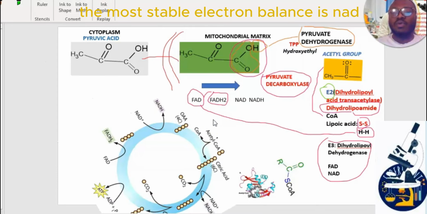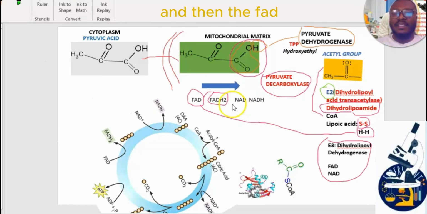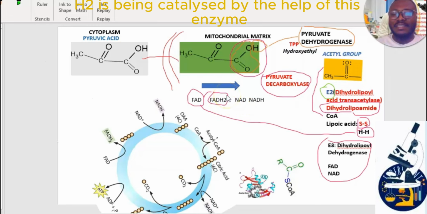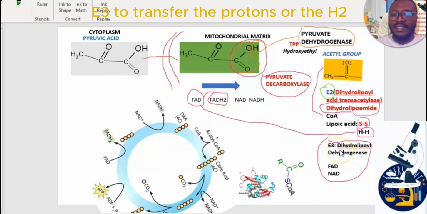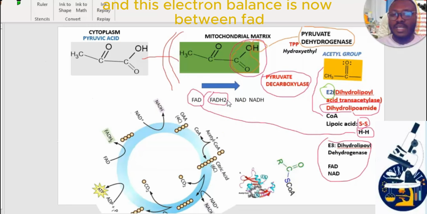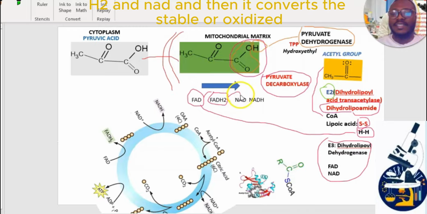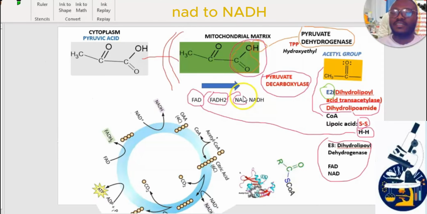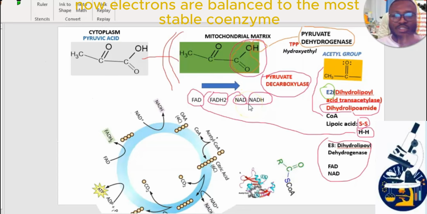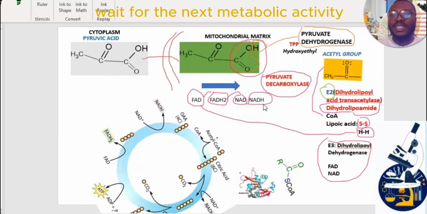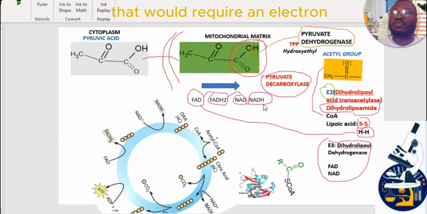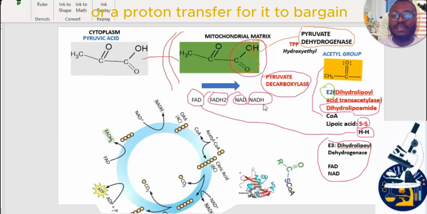However, the most stable electron balance is NAD, and then the FADH2 is catalyzed by the help of this enzyme E3 to transfer the protons or the H2, and this electron balance is now between FADH2 and NAD, and then it converts the stable or oxidized NAD to NADH. Now electrons are balanced to the most stable coenzyme, and this NADH awaits the next metabolic activity that would require an electron or a proton transfer for it to begin.